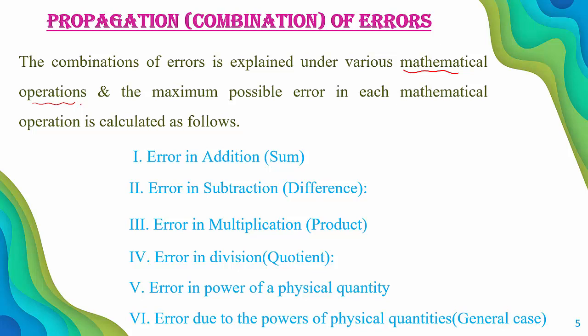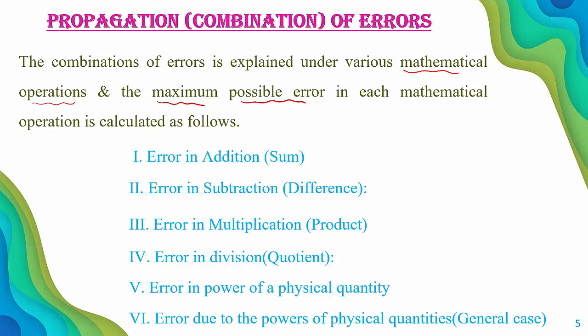The maximum possible error in each mathematical operation is calculated as follows. So in the given mathematical operation, here we are going to find the maximum possible error. So this is propagation of error or combination of errors.